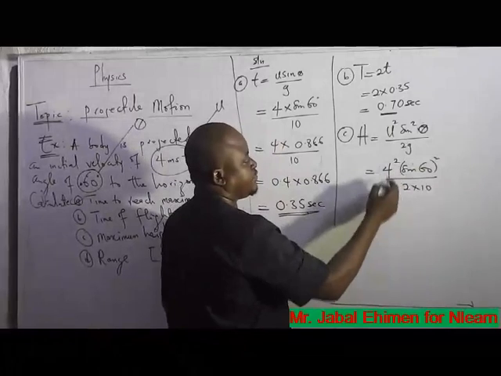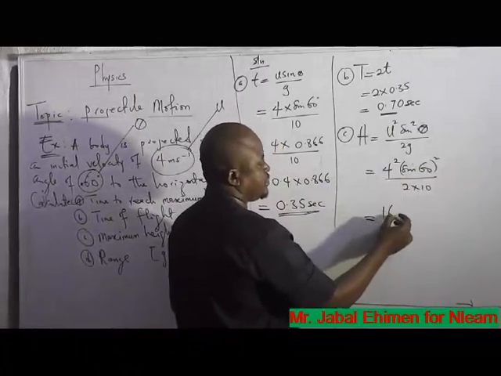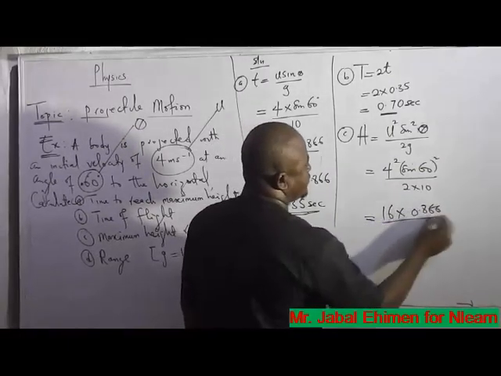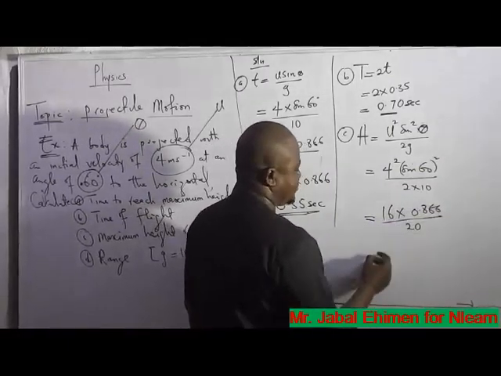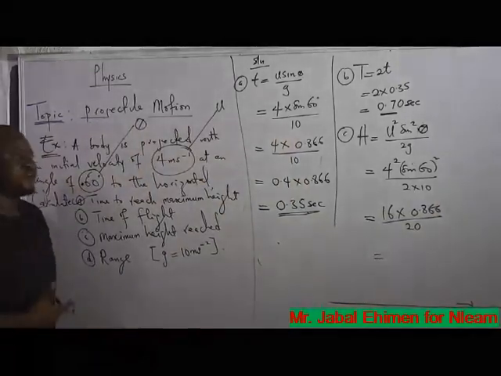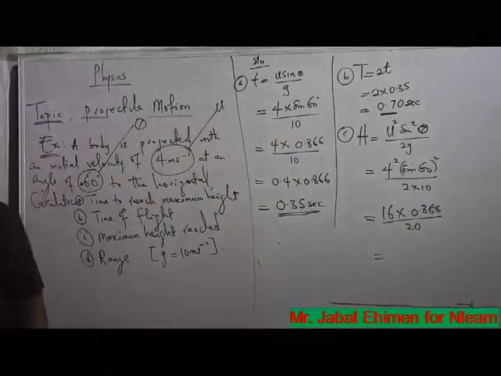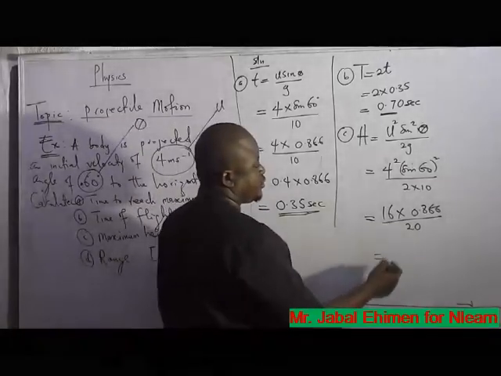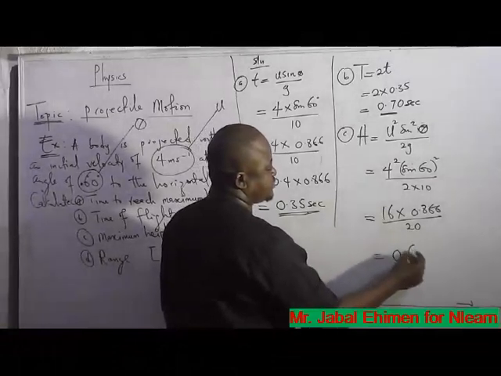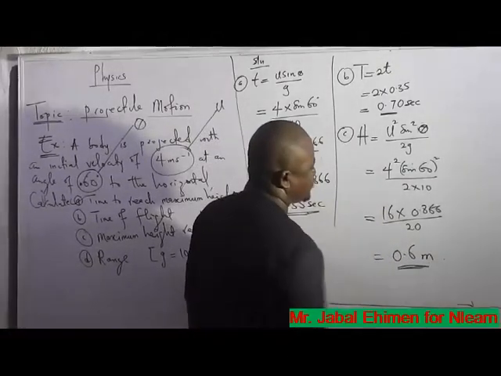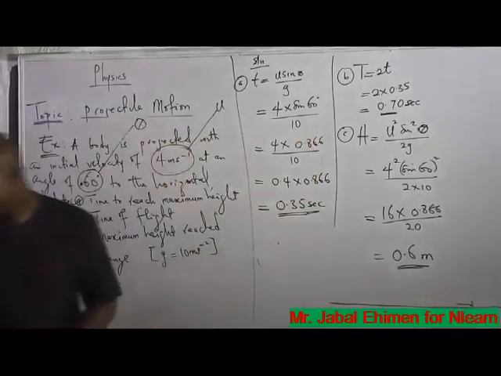So from here you have 16 times 0.866 divided by 20. Within computation, you have 0.6 meter, approximately. You put that down.